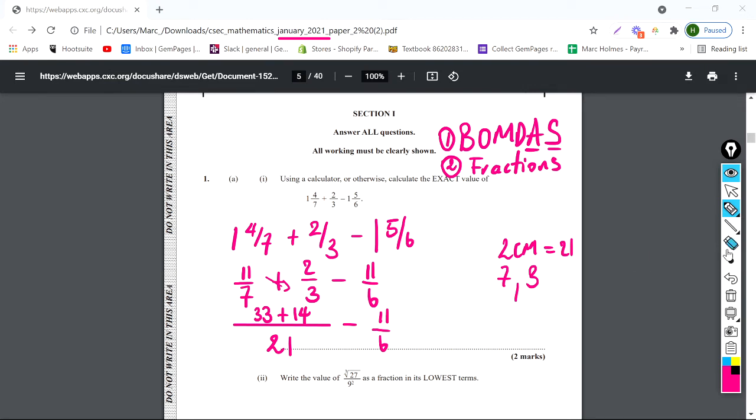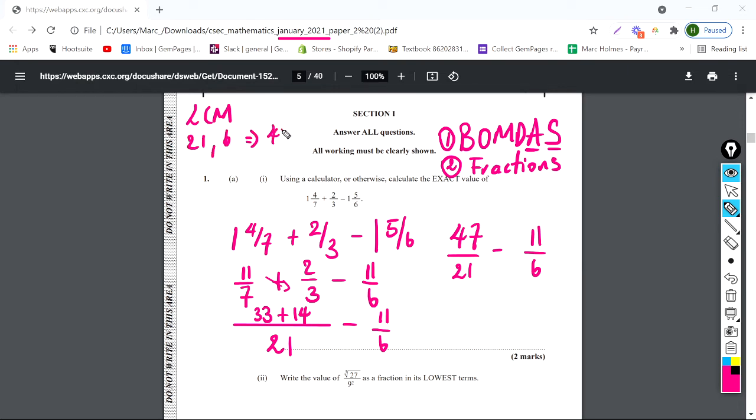Let me give myself some space over here. So that should actually give me 47 over 21 minus 11 over 6. So guys, we need to find the LCM again, between 21 and 6, and the LCM between 21 and 6 is 42. So we're going to do the same thing here, except we're going to subtract.